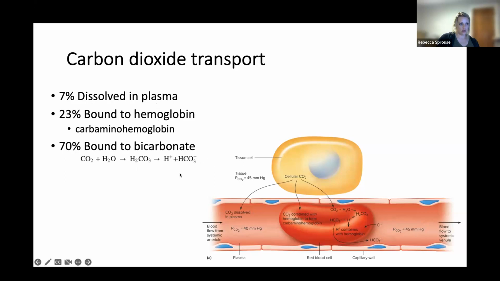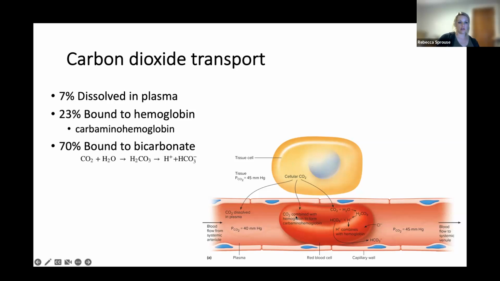So if you can recall this equation from week 1. Carbon dioxide plus water goes to carbonic acid, which dissociates into hydrogen ions and bicarbonate. Hydrogen ions are acidic. Bicarbonate is a buffer. Okay, so carbon dioxide jumps on our red blood cell.